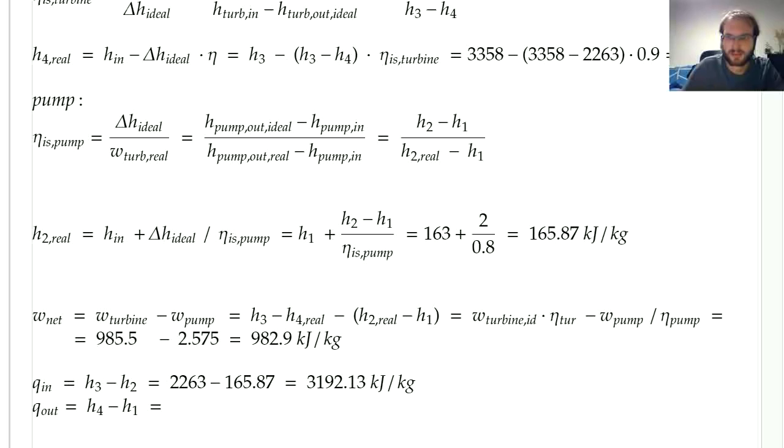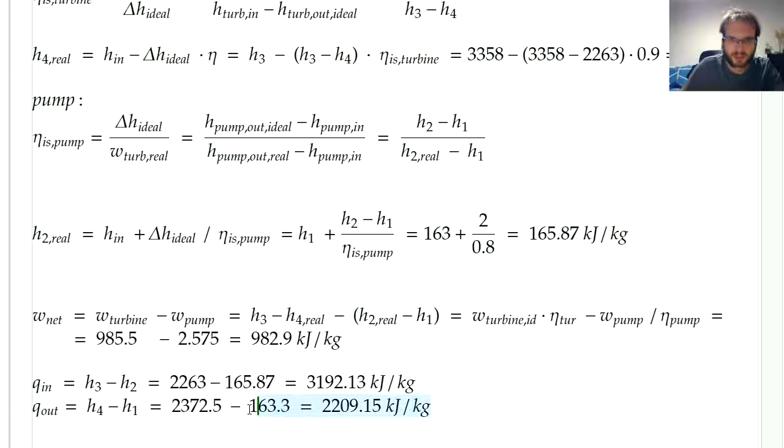So H4 we calculated over here minus H1, which stays the same, this 163.3 kilojoules per kilogram, and the resulting rejected heat from the cycle is 2209.15 kilojoules per kilogram.